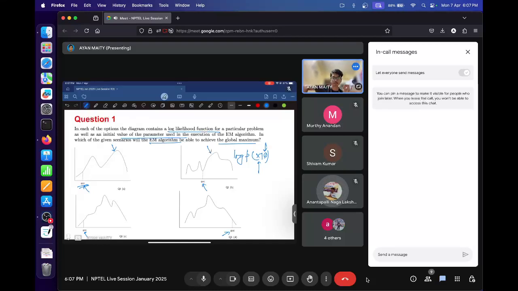So you just have to find out whether, if the starting position is this initial value of theta, the EM algorithm will be able to find the global maximum point in each of the cases. Here the global maximum will be there.